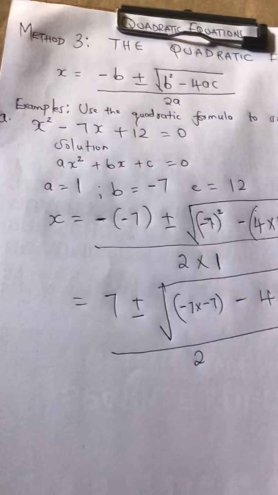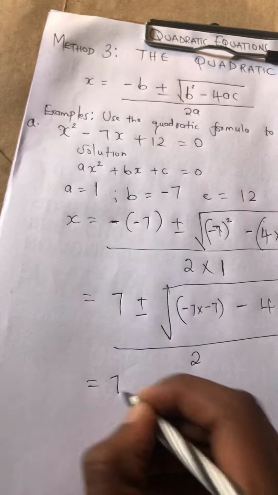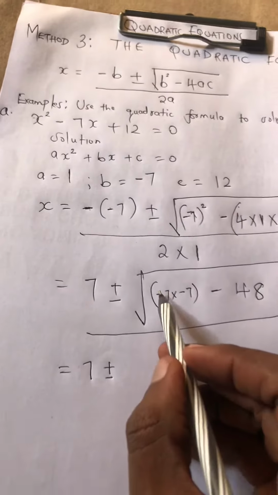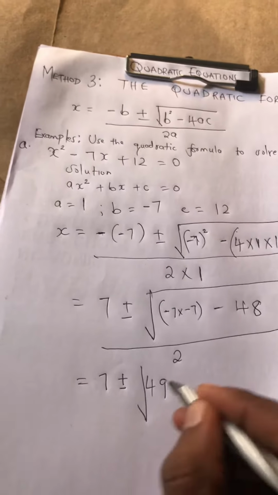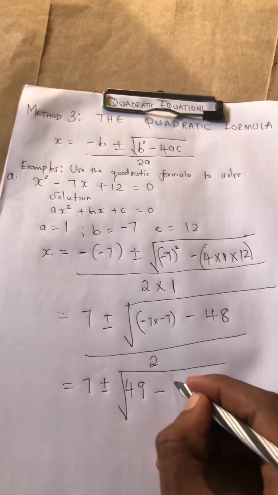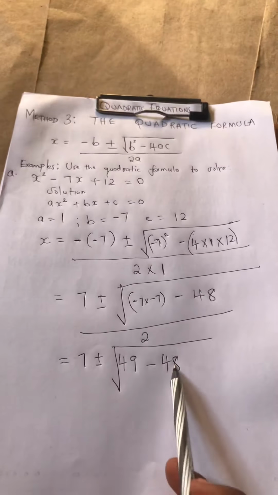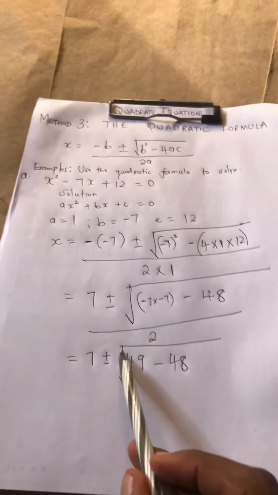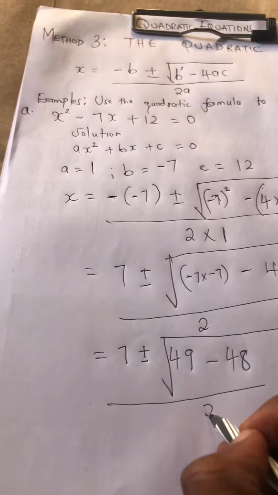Then mtu wangu, the next thing that we do, this becomes 7 plus or minus. Minus 7 times minus 7 is 49 and a square root. So 49 minus 48. Kumbuka hii square root imeguza zote mbili. Kuna wanafunzi wanasahau kusongesha hii square root hadi huko. Then divided by 2.